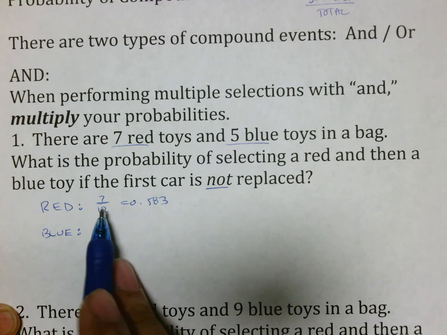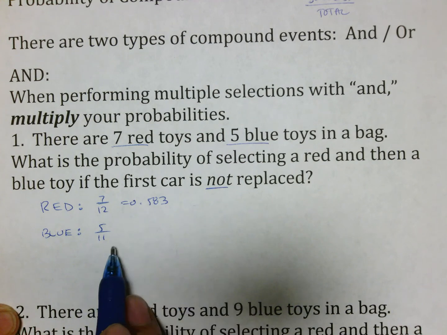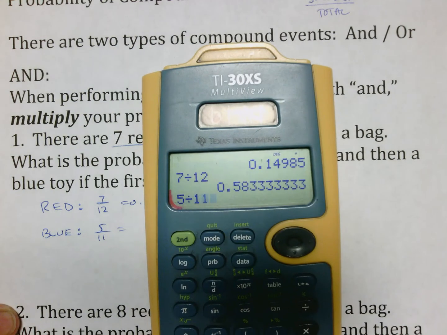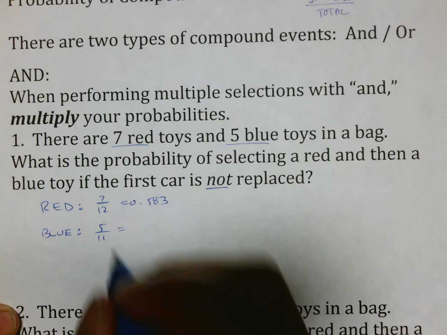So you use that counting tactic of moving down one because you've already selected one. So again, if it's not replaced, you have to change it. And so now we have 5 divided by 11, which is 0.455.